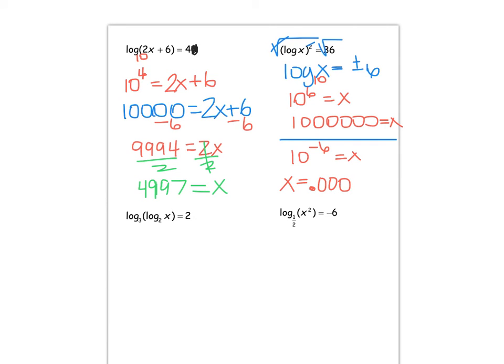One, two, three, four, five, six. I believe that would be it, right? Yeah. My calculator gave it to me in scientific notation, and yours will too. It'll tell you it's 1 times 10 to the negative 6, but that's the decimal there.